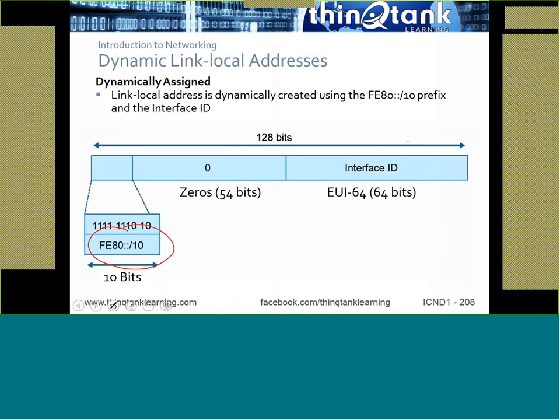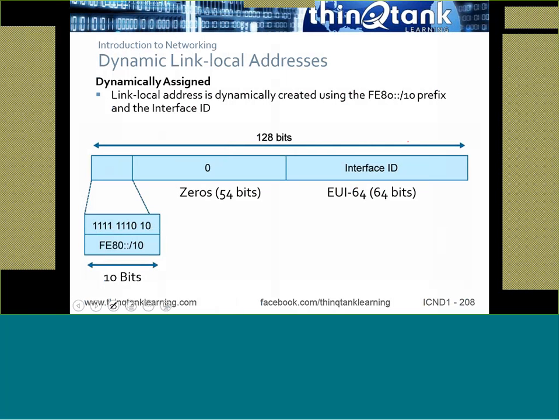Now, this is a special purpose address. And actually, we're going to see it's used all the time. It's used for doing things like neighbor discovery. We use link local addresses to identify neighbors in OSPF and EIGRP. We use link local addresses to find next hops for routing in IPv6.